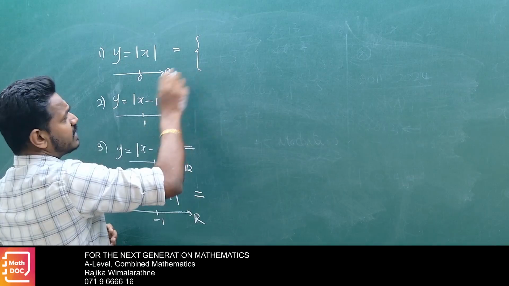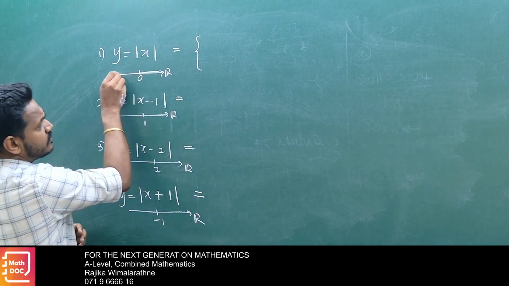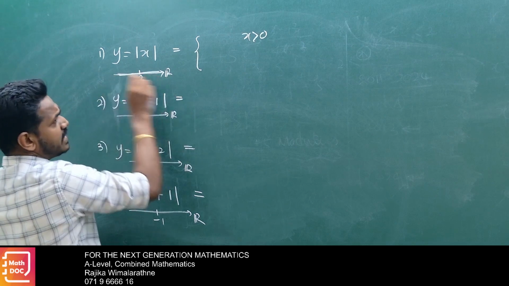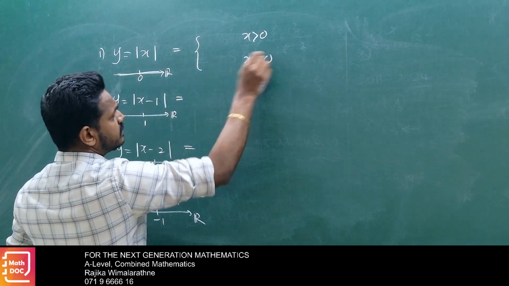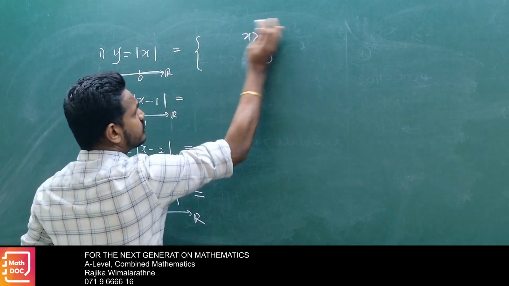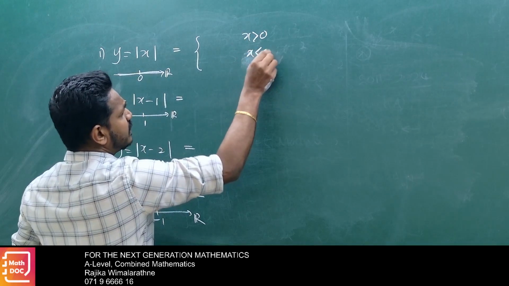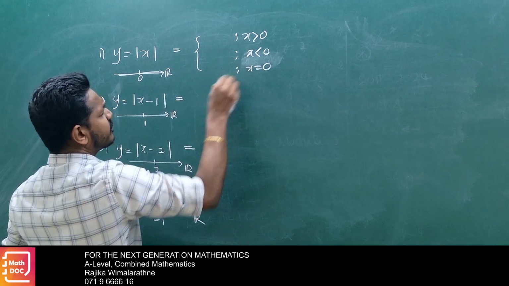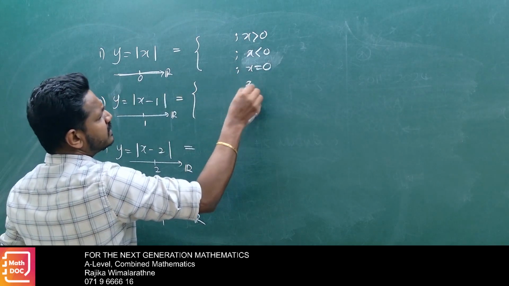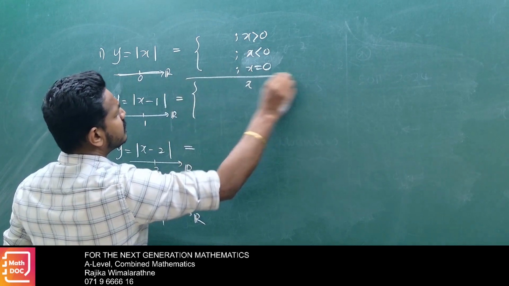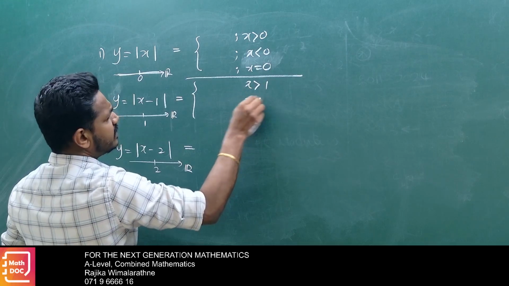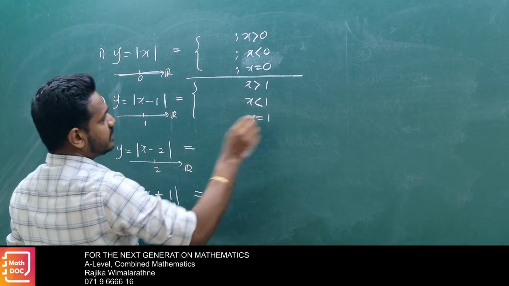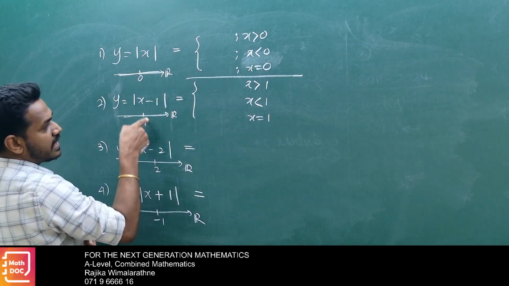Thereafter, we can write a definition. Put a curly bracket here. We have two segments, x greater than 0 and x less than 0, and better to write x equals 0 as well. For the next case, x greater than 1, x less than 1, and x equals 1, then we cover the full number line.